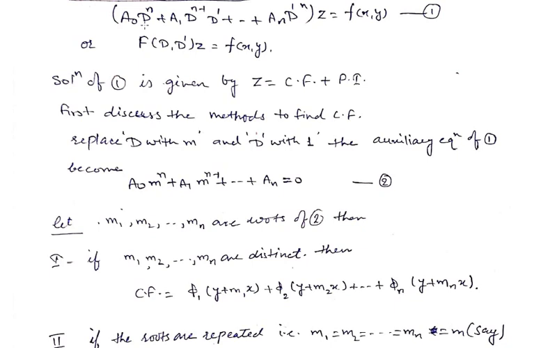We get a0 m raised to power n plus a1 m raised to power n minus 1, and in place of D prime we write 1, plus a2 m raised to power n minus 2, and so on, an equals 0. So this is the auxiliary equation of the given equation.